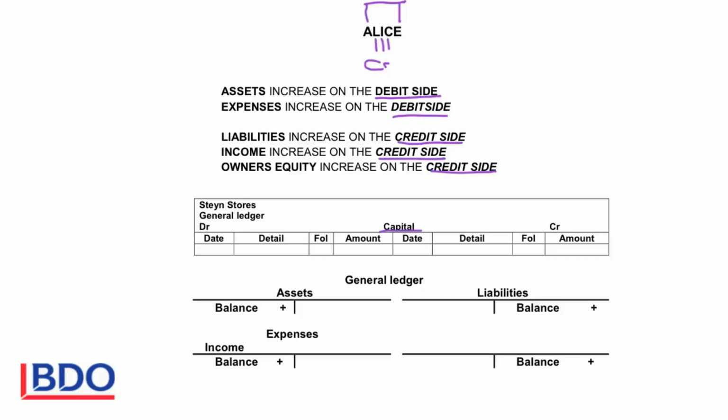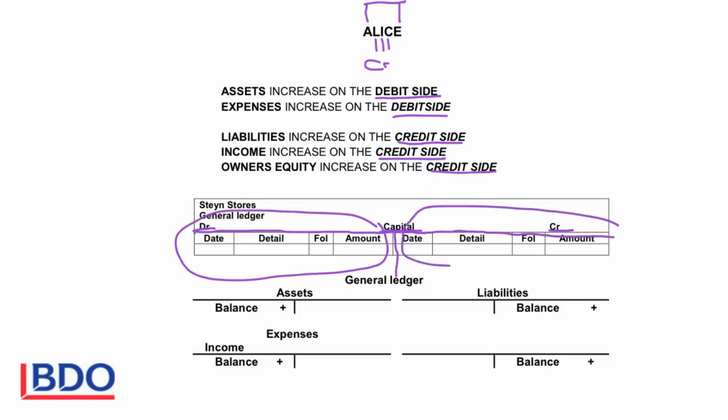The left-hand side of the account is the debit side, and the right-hand side of the account is the credit side. If we look at this account, it means that this account is split in two, and there you have the debit side on the left-hand side, and you have the credit side on the right-hand side.